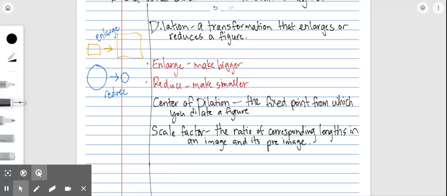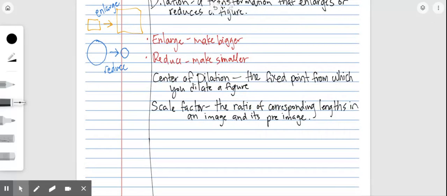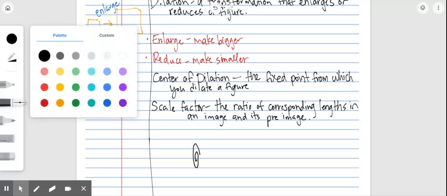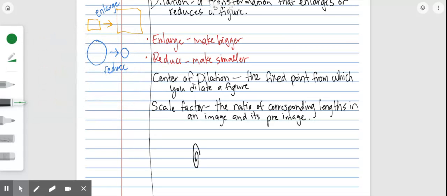So I'm going to draw a diagram. Let's say I draw a little paper clip, or something that kind of looks like a paper clip, or an ear, whatever. Then I'm going to draw a center of dilation. So my center of dilation is over here to the side. Your center of dilation can be on the figure. That's awesome.